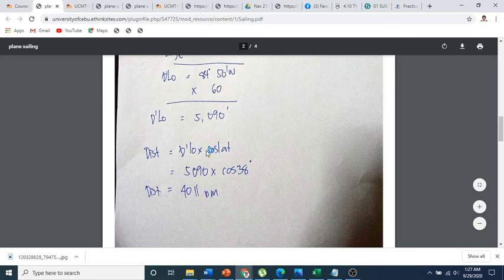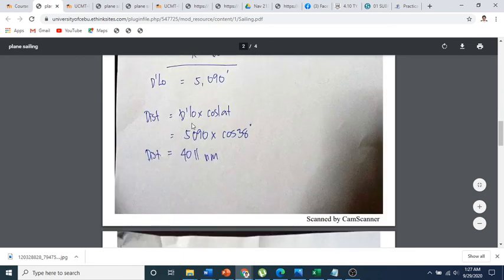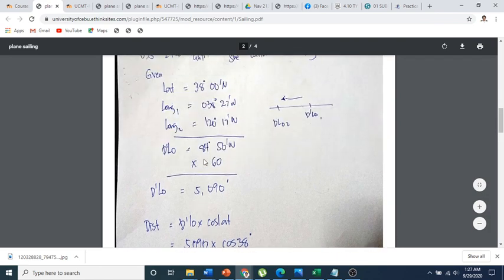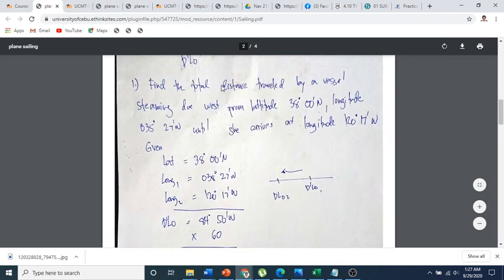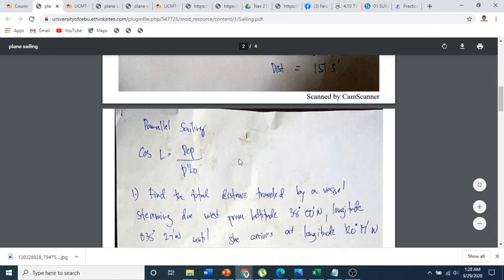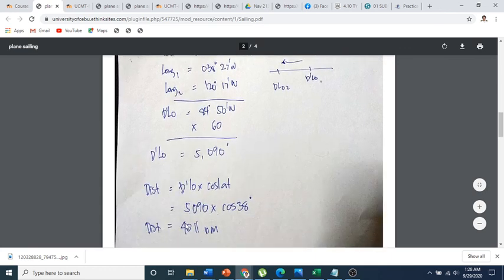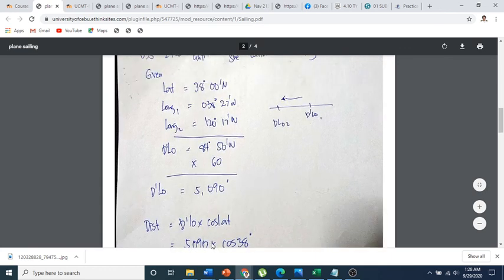Again, this formula we use. By substitution, we arrive at this distance, and therefore we already answered the question. So again, in parallel sailing, you just use this formula, and by substitution, you can have your answer.